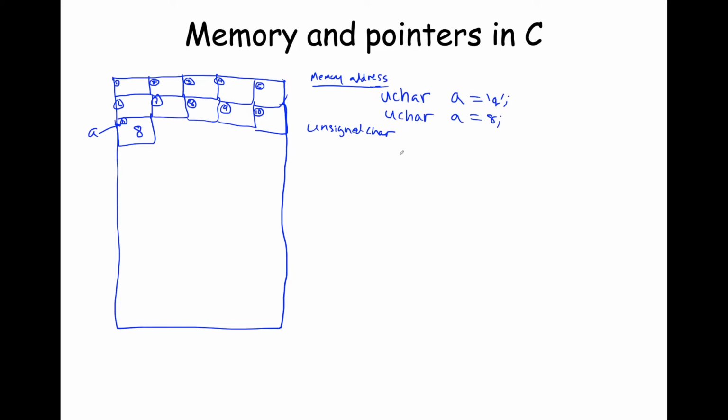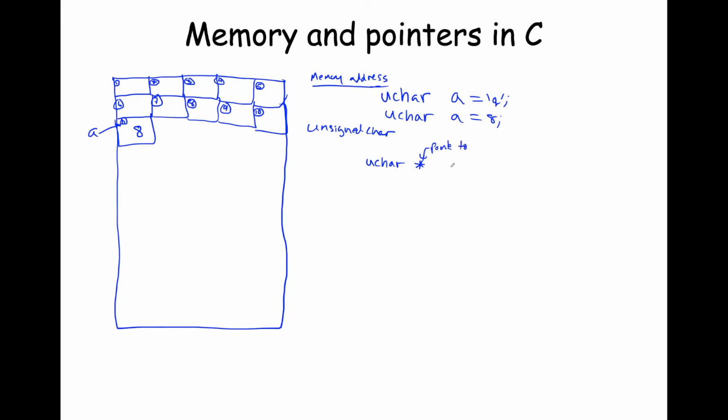Now, there's a variable type called a pointer, and in C, how I declare a pointer, because in C you have to explicitly define all of the types of your variables, I say UCHAR star, and what that star means is pointer to.